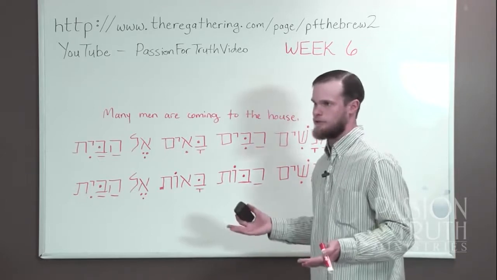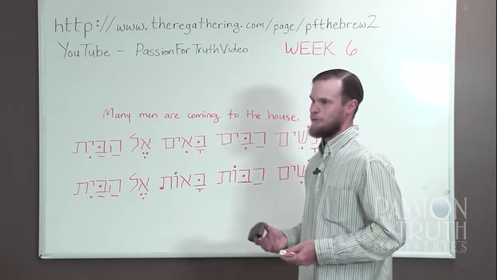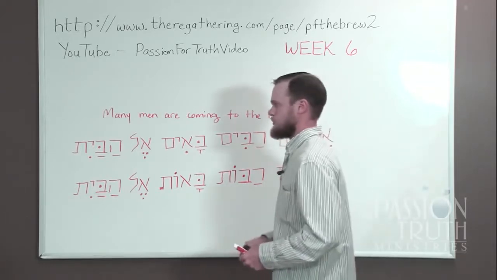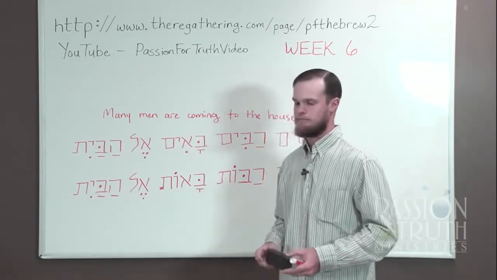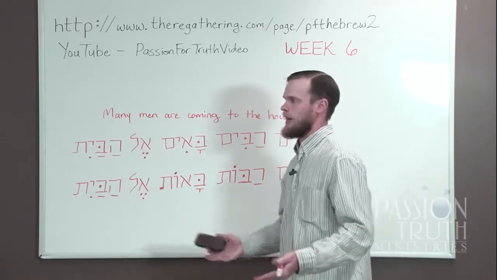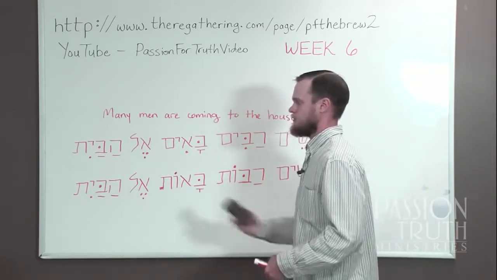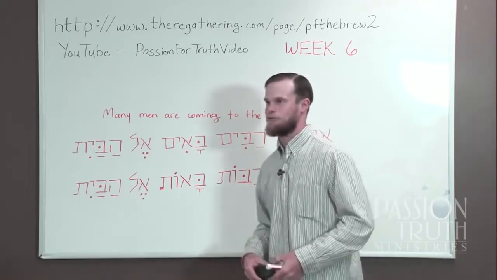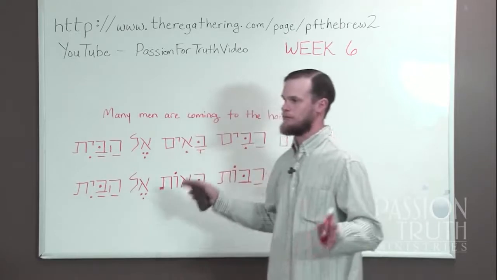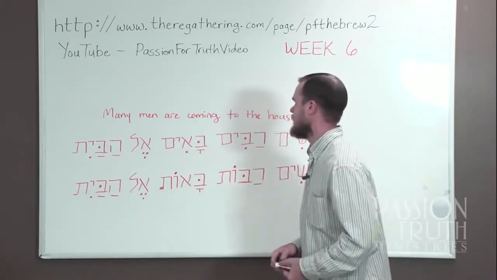That might be a little unclear if you're just talking about it. To have clarity in what you're saying, if the house wasn't defined, you'd need to specify what house you're talking about.